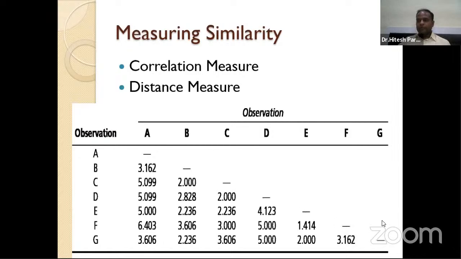There are so many methods in which you can calculate the distance. Say, for example, with the scores x1, y1, x2, y2, you can take x2 minus x1 squared plus y2 minus y1 squared, and then take the square root. So it is one of the methods to calculate the distance. If you do not take the square root, it will be the absolute one, right? So there are many ways in which you can calculate the distance between two points.